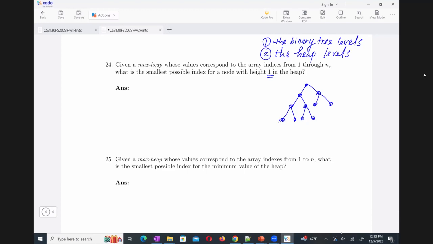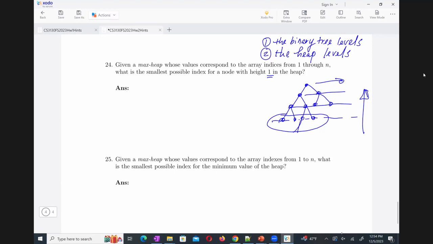For a binary tree, usually we say the root is the top level, right? Then the next level comes like this, and along the longest path you can see there is one level for it. But the other way, where we look from the bottom, is the heap levels. The height of all the leaves equals 0.